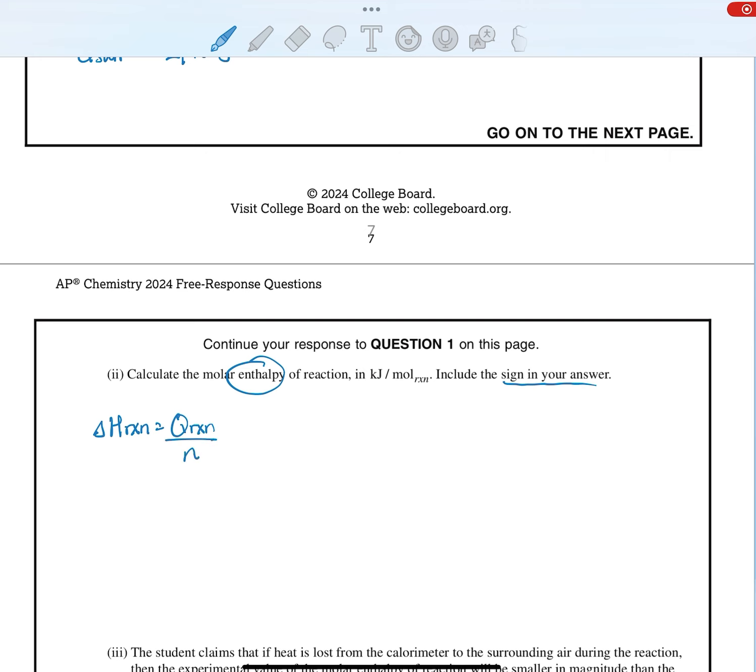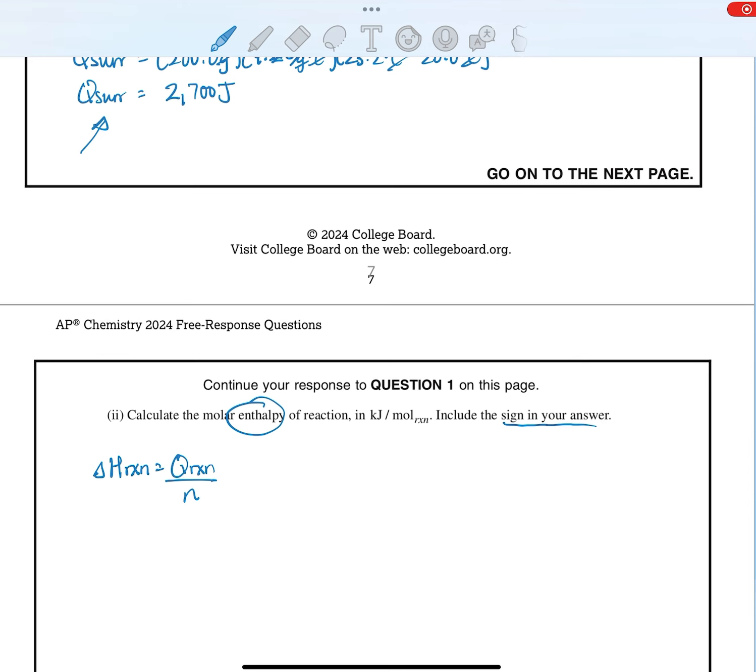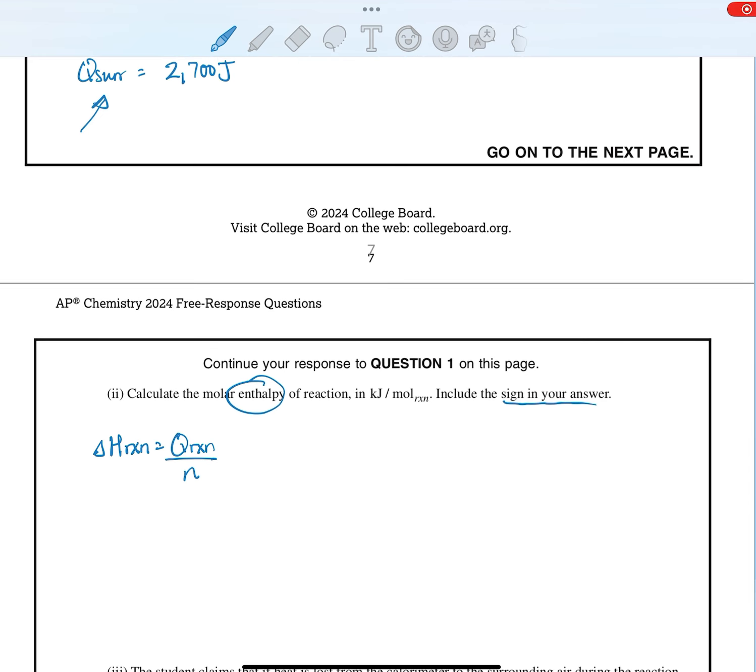I have to do some work on the side, because if you remember up here, the reason I labeled this Qsurr is because we calculated the heat of the surroundings. So we need to change that to heat of the reaction by understanding this relationship.